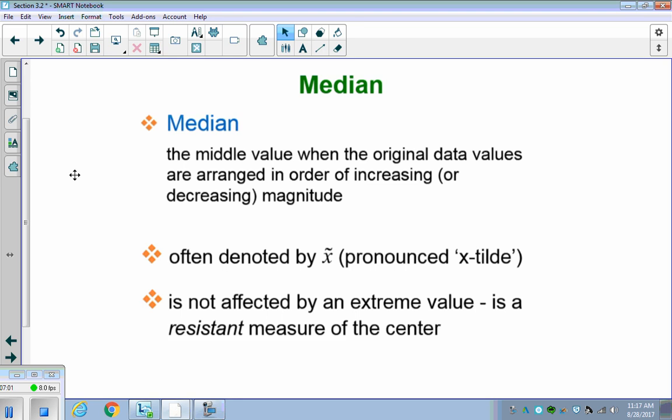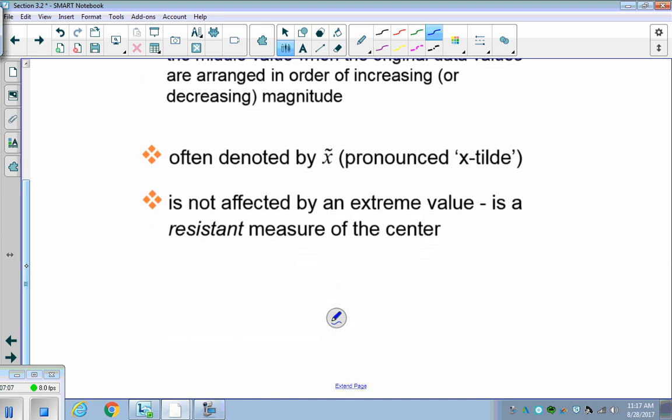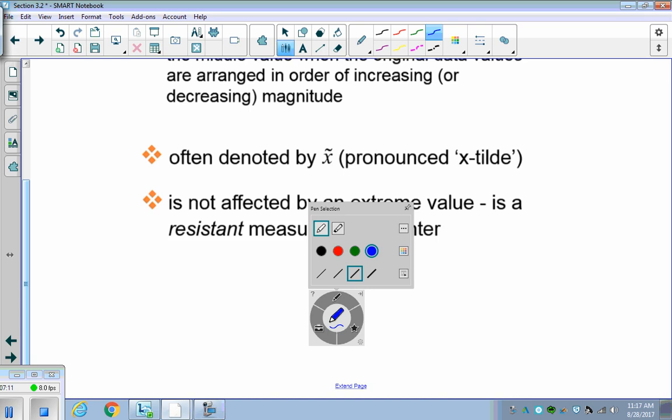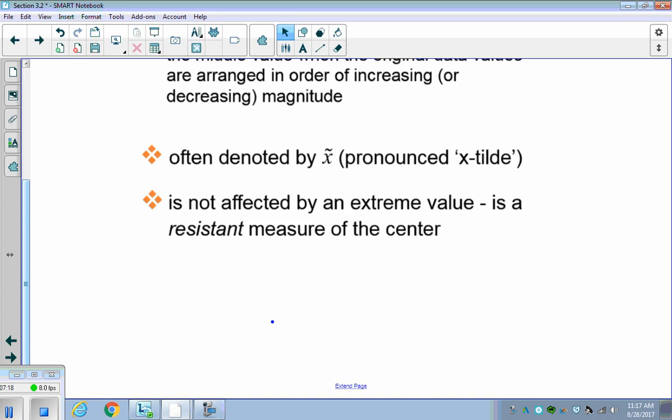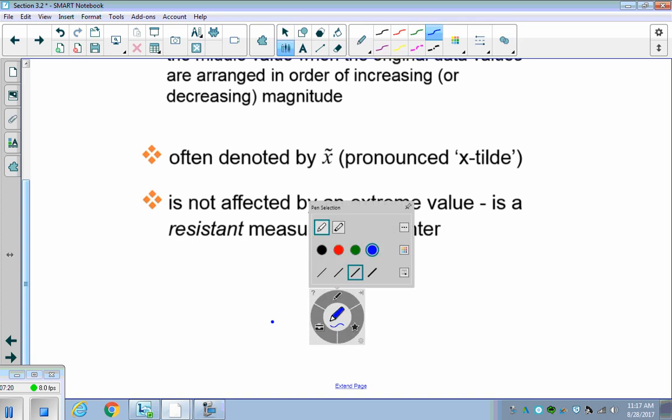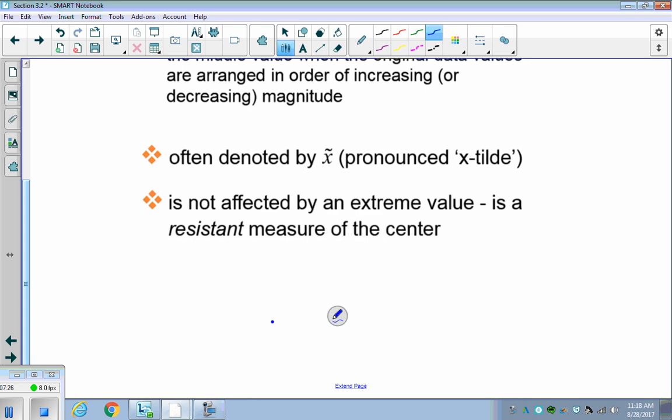So we could use the sample salaries at a particular company.